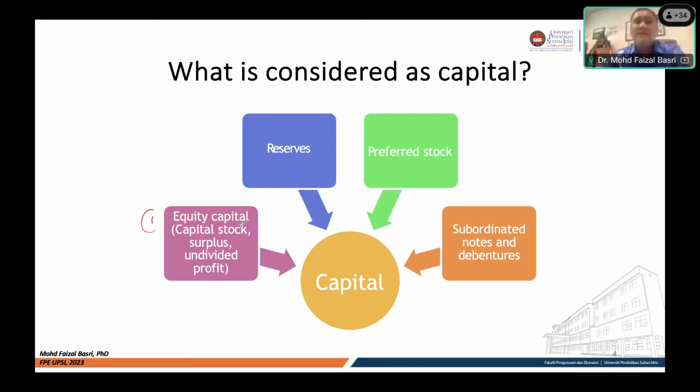Surplus means if the bank generates profits, from the profits they generated, obviously they will pay out dividends to the shareholders. There will be some portion of the profits that they will not give out to the shareholders, so they will keep it in the company. So that's part of the equity capital as well. Okay, so that's number one.